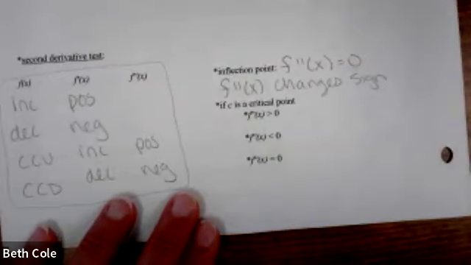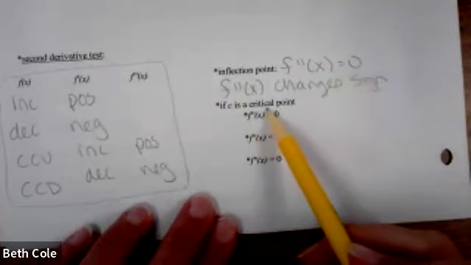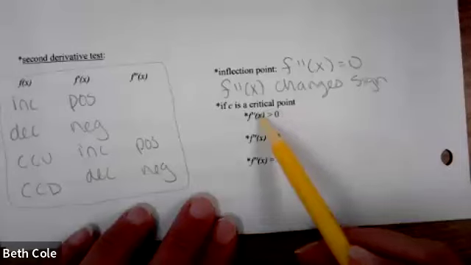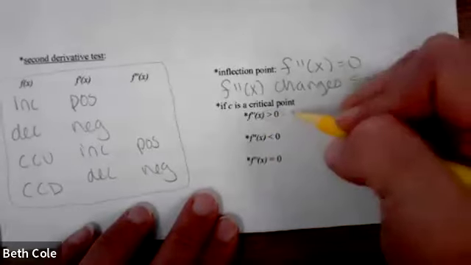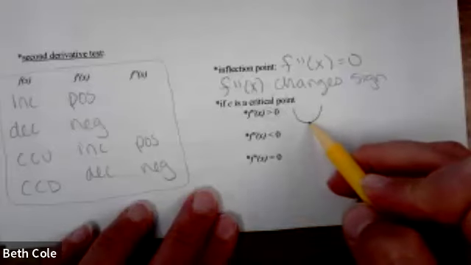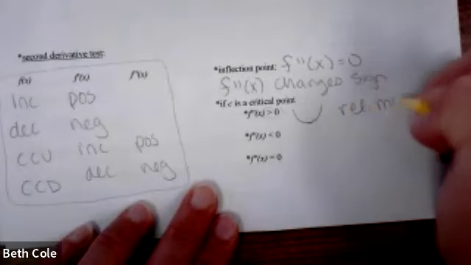So here's your second derivative test. If you have a critical point and your second derivative is positive, that means concave up, and that means that that critical point is the location of a what? Relative minimum, good.